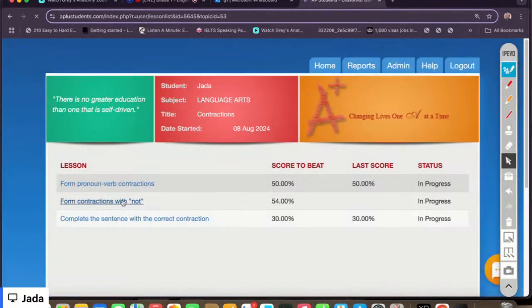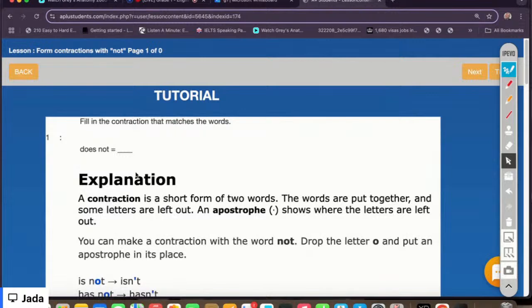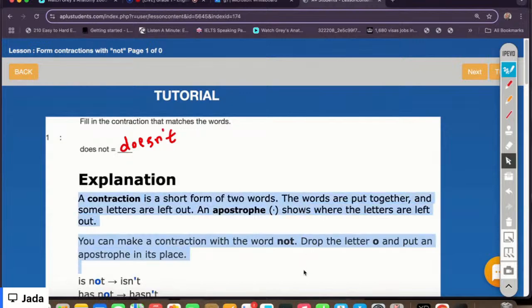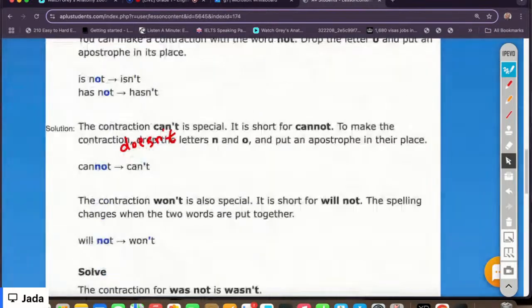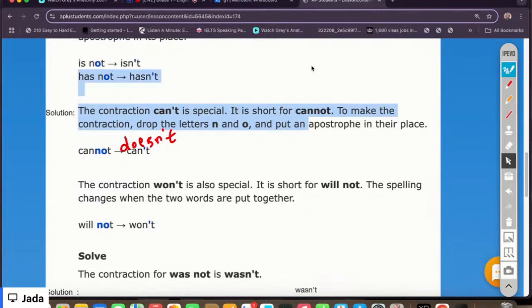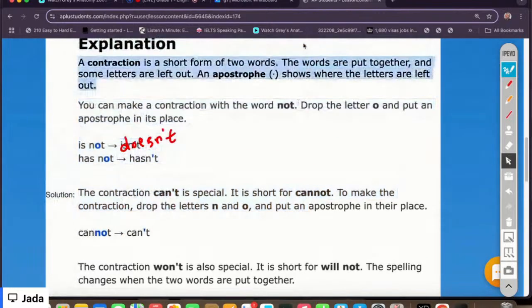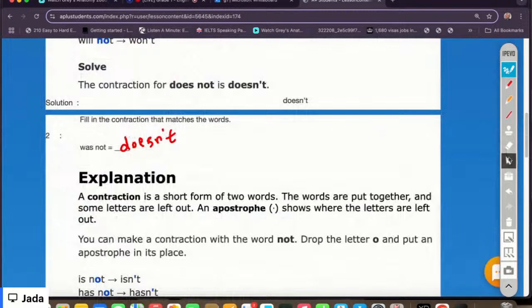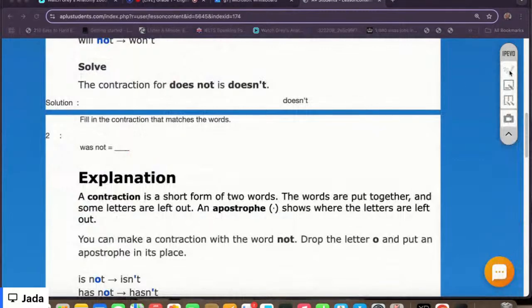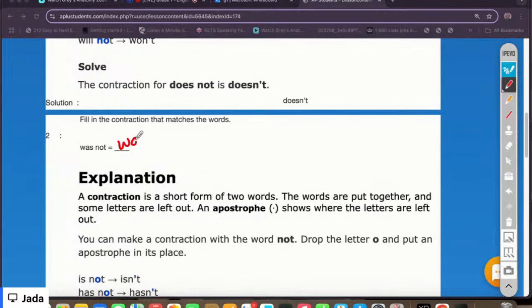The next one will be form contractions with not. So we have the contractions with not. This one, for example, when we have doesn't, so it becomes like this. Then we have wasn't, and then you have to remember to remove the o.